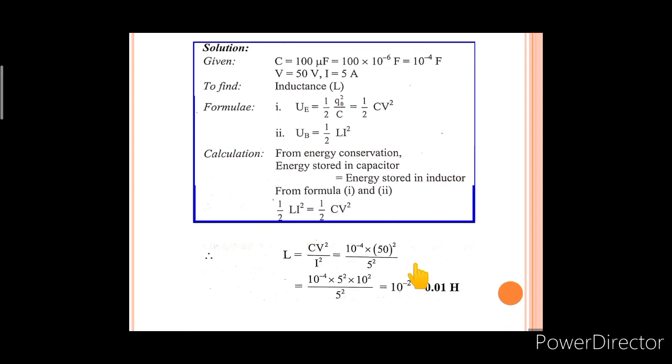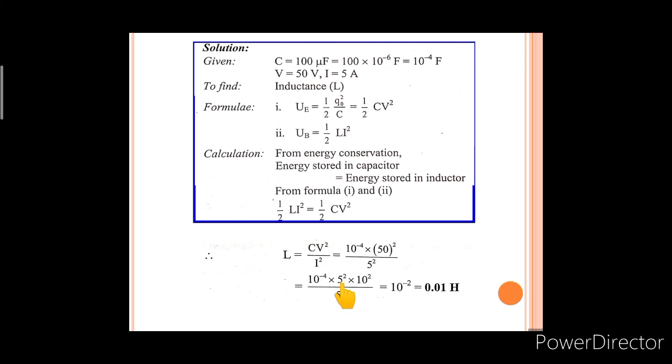Then we have to calculate it: 10 raised to minus 4 into, this 50 square is nothing but 2500, and 2500 we can write as 25 into 100. That means 5 square into 10 raised to 2 divided by 5 square.